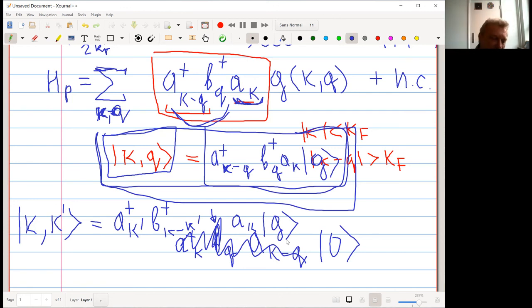Good. So this is just a matter of labeling. What is important is that there are plenty of states. There's a set of these states which can be labeled with two wave vectors.